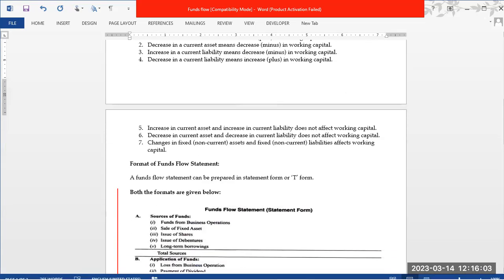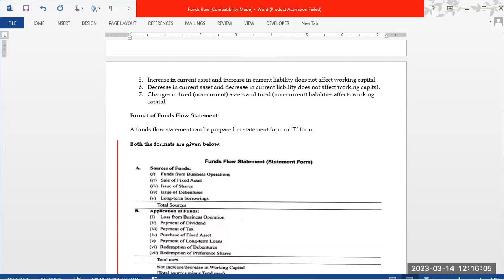Then number 5th rule is increase in current asset and increase in current liability does not affect working capital.